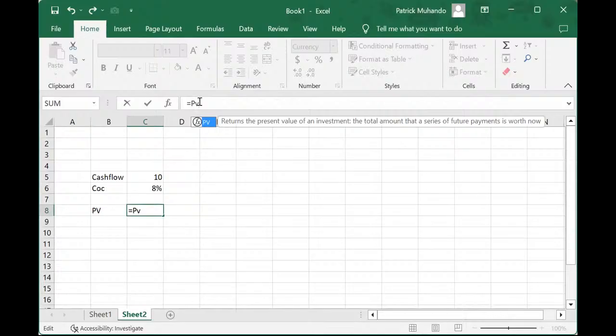But this lady is not going to be paying. It's a cash inflow. So after you get that negative, you should know it's the present value of a payment, but because it's a receivable, you take that value to positive.